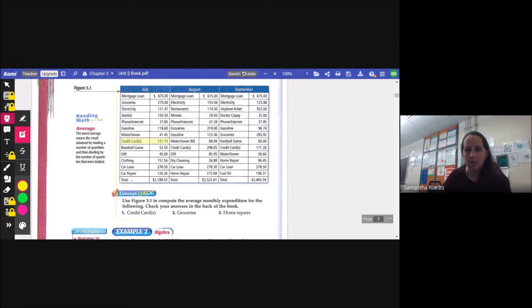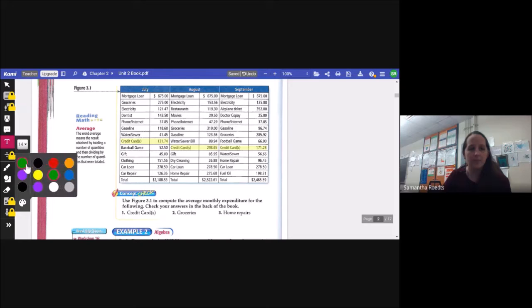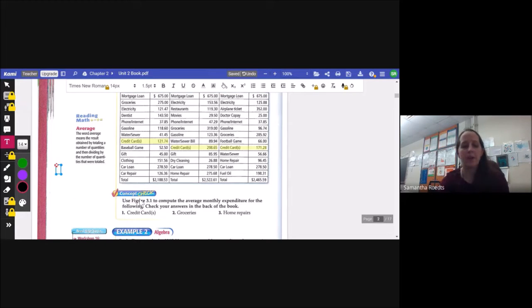The other credit cards, here's credit cards here, and then credit cards here. Okay, so there's the credit cards. I'm going to add the credit cards together: 121.74 plus 298.65 plus 171.28. And I want to divide all of that by 3.